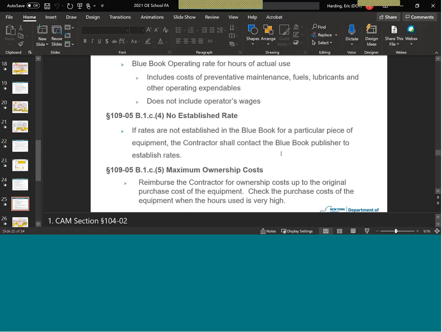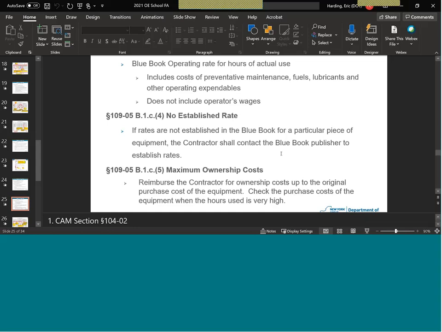The maximum ownership cost. Reimburse the contractor for ownership costs up to the original purchase price of the equipment. Check the purchase cost of the equipment when the hours become really high. This I've run into before.